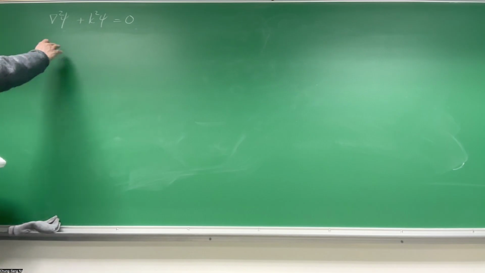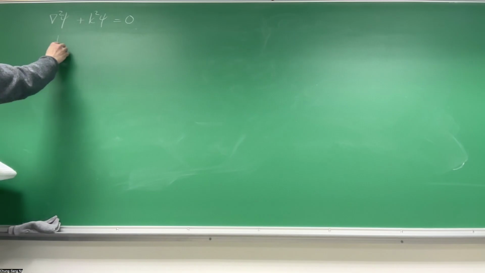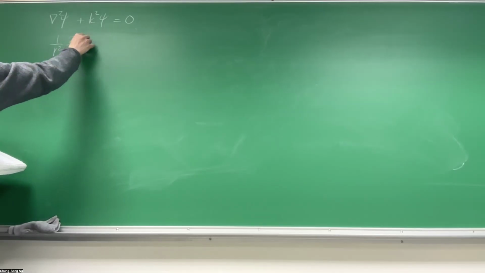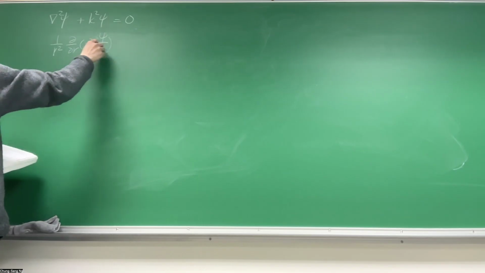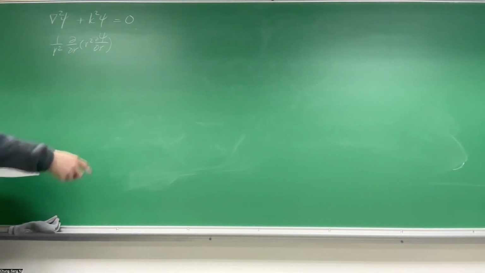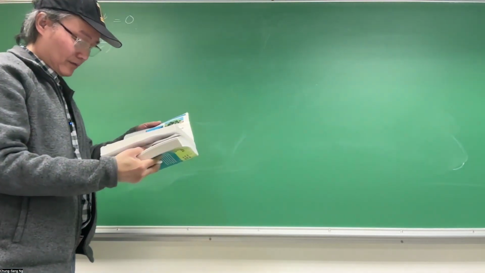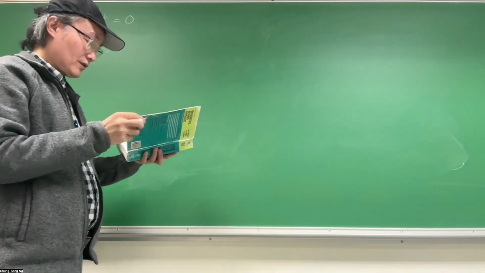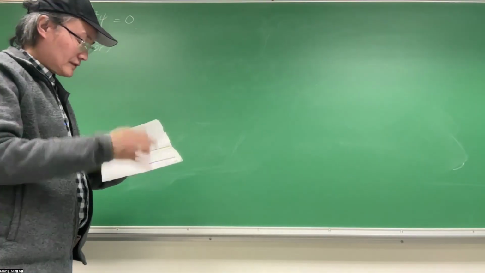I mean, usually the first term, the radial coordinate, should be 1 over r squared, partial r, r squared, partial r. That's the radial term. And some papers might list it in a different form. I don't think the textbook has both forms. Let's see, in the front or in the back.